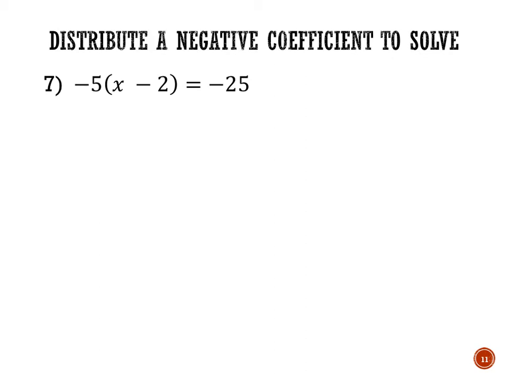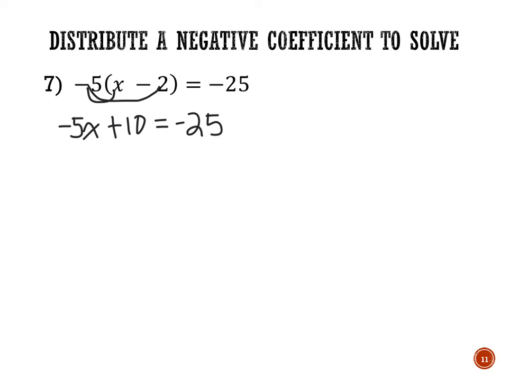Number 7, negative 5 times (x minus 2) equals negative 25. First thing I'm going to do is distribute. Negative 5 times x gives me negative 5x. Negative 5 times negative 2 gives me a positive 10, because remember, a negative times a negative equals a positive, equals negative 25. Since my variable is already on one side, I'm going to move my non-variable number over. So it's a positive 10.